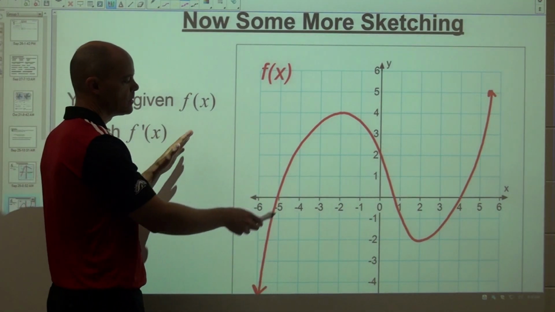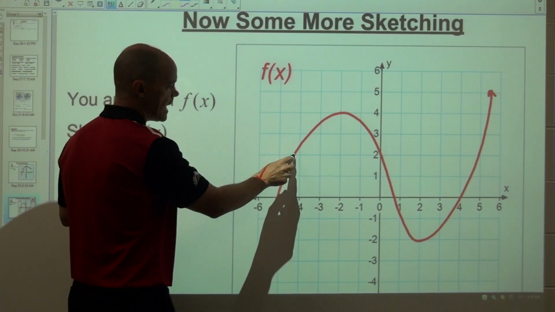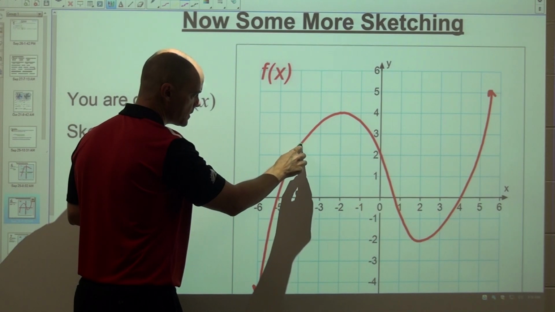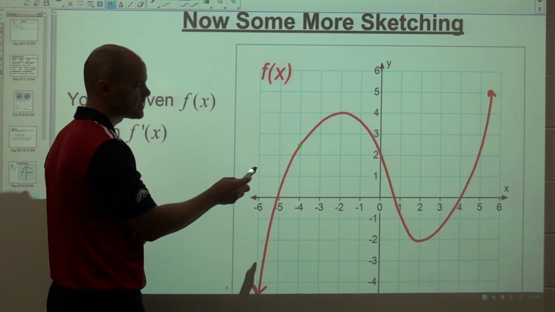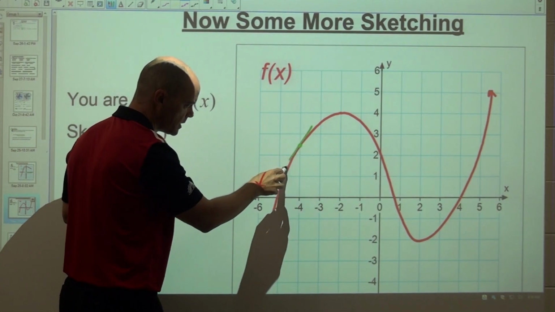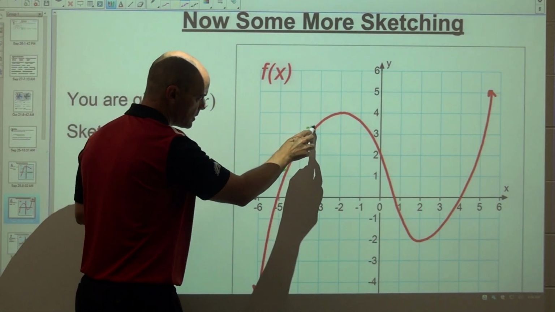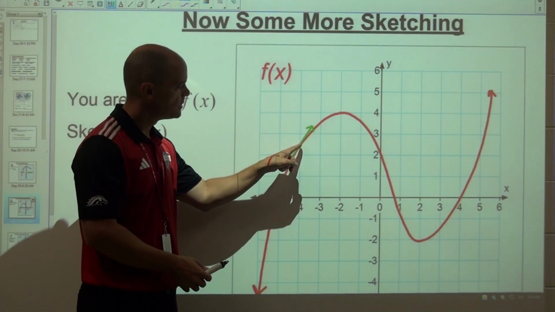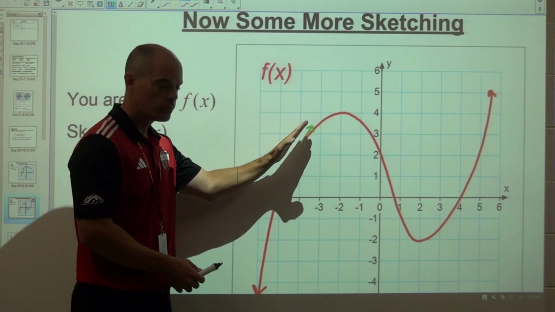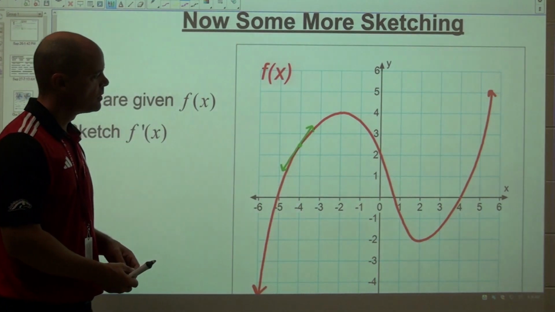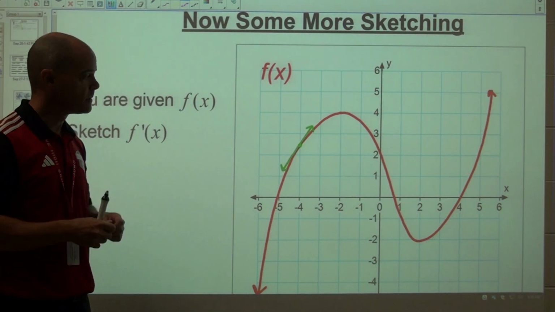So if I pick a random point on this curve, how steep is the curve at -4, whatever this is? What I'm really asking is, what is the slope of this line right here that just glances off the curve, tangent to that single point? That would represent the value of the slope at -4. Well, here's where the winging it part comes in.